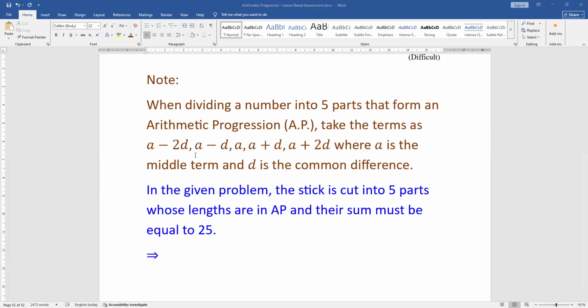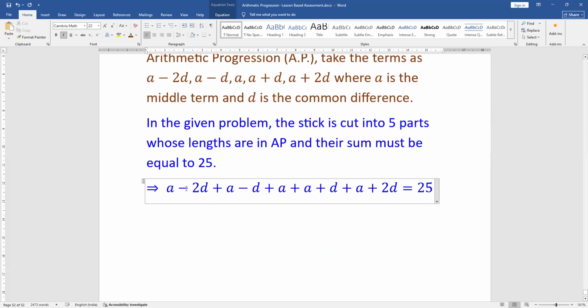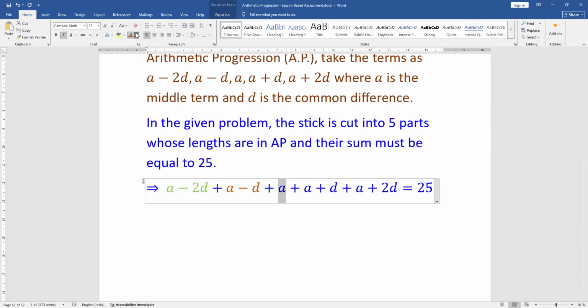First is a minus 2d, plus a minus d, plus a, plus a plus d, then plus a plus 2d, equals 25. I'll put a different color so you can see: a minus d is one term, a is another term, a plus d is another term, and a plus 2d is another term.